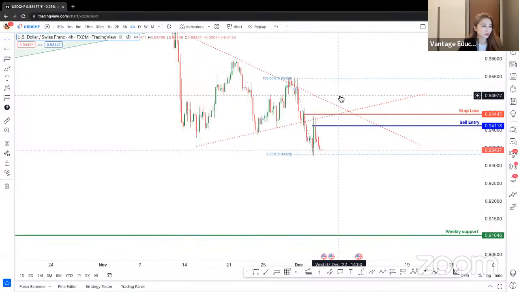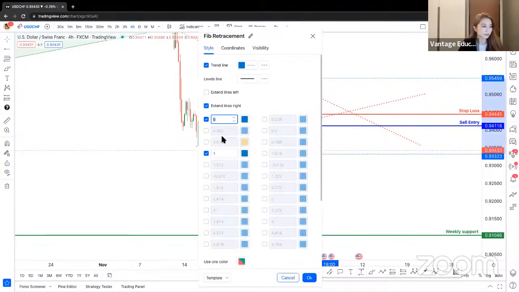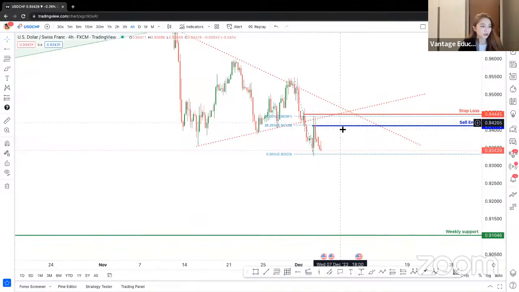It's true that price did retrace a little bit. We have the 50% and 38.2% retrace and come back down. Some of you might think that the current price might be a bit too far away, so you can move your sell entry slightly closer as well.